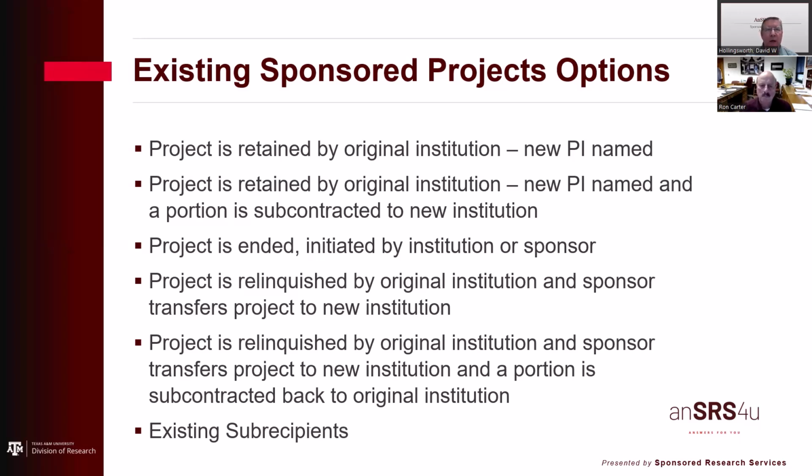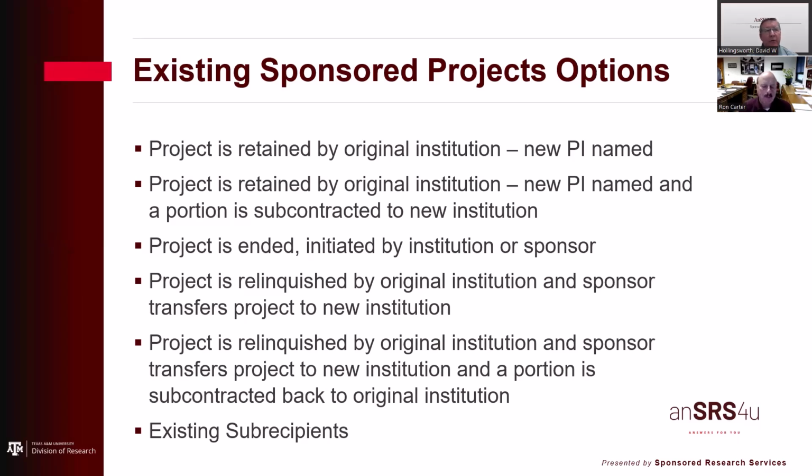And then it would get involved with our contracts group, working with them as they would issue a subcontract to our institution here. In some cases, maybe they're toward the end of the project, maybe much of the money has already been spent or the work has been done. And it may be more beneficial and easy to just go ahead and terminate the project.